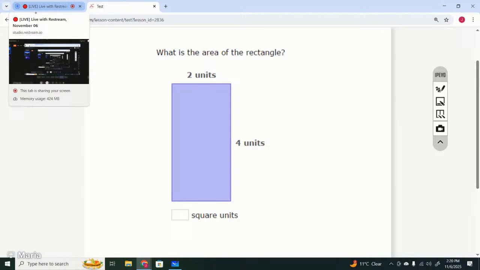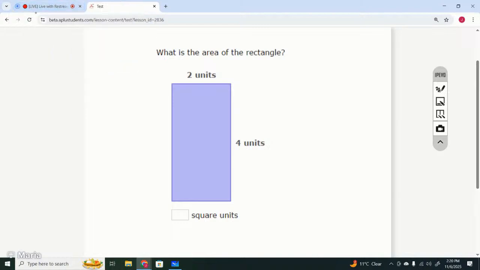What is the area of rectangle? That is 2 times 4, 8 it is.